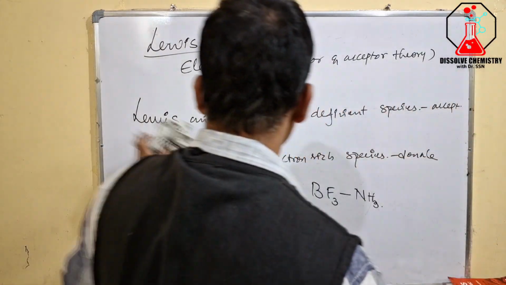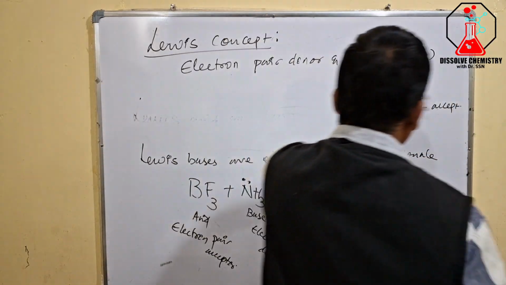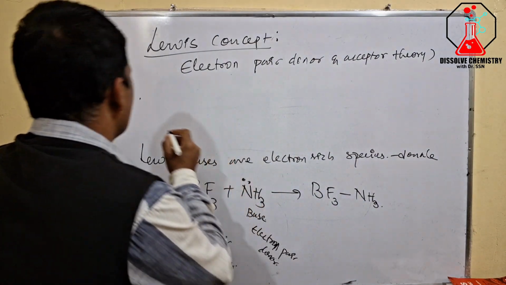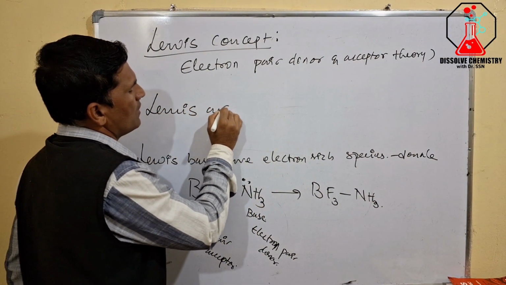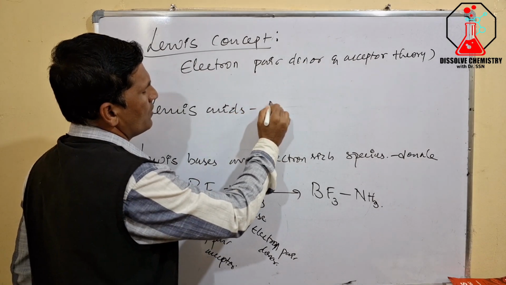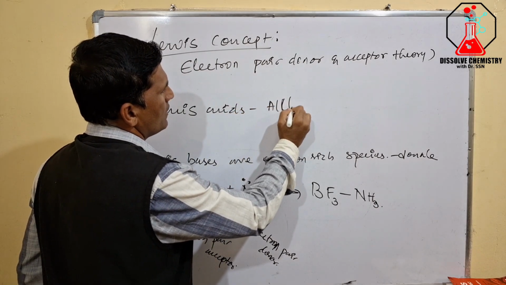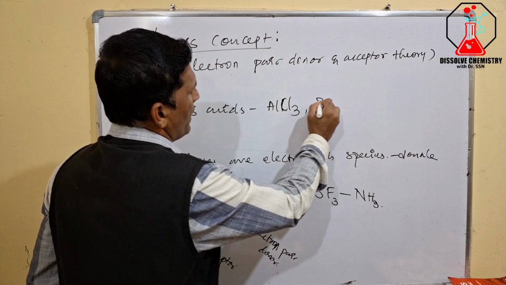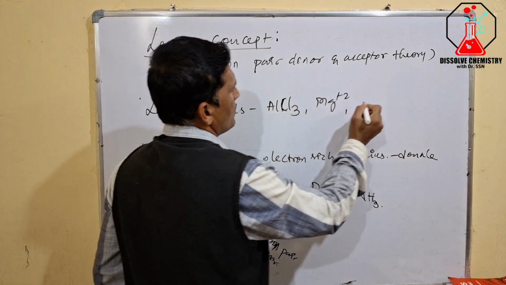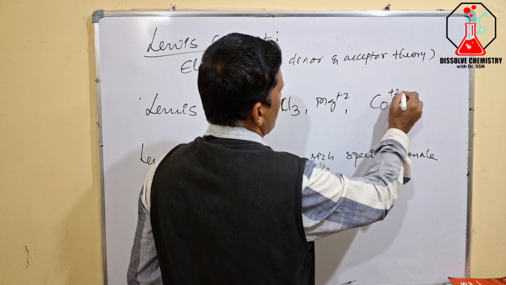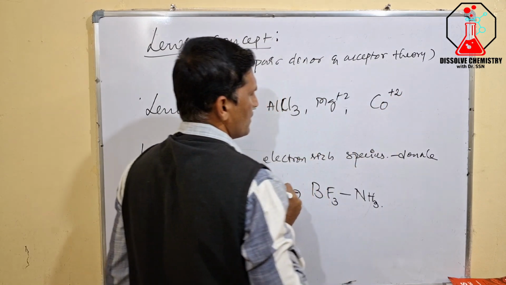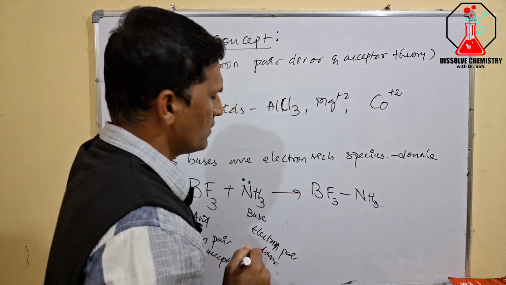Other examples of Lewis acids: you can take AlCl3, magnesium +2, cobalt +2. These can also act as Lewis acids.